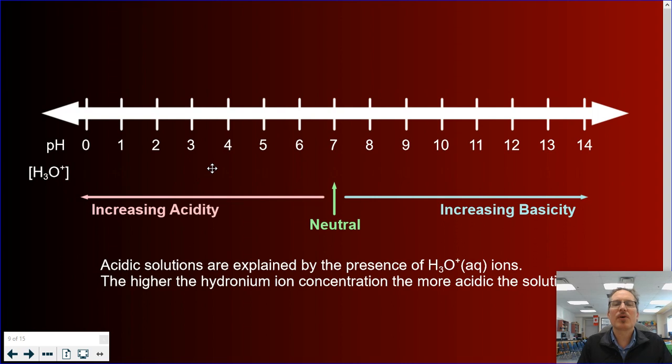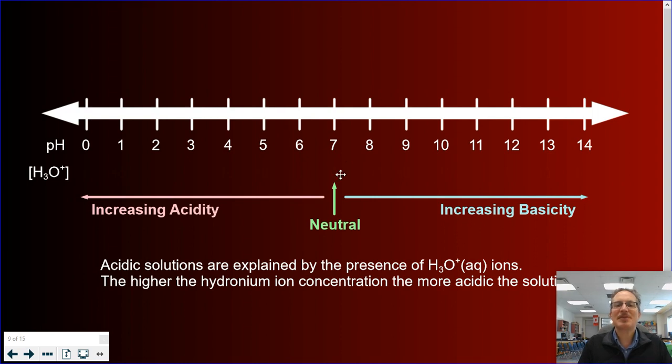Now, we're going to use this table, and what I want to do is compare pH with hydronium ion concentration. And there is a very direct correlation between pH and hydronium ion concentration.